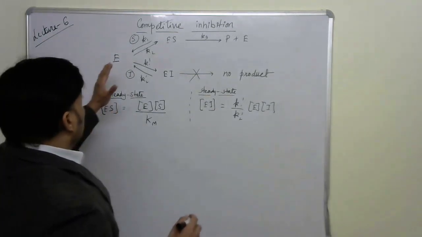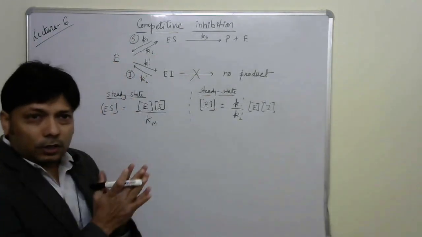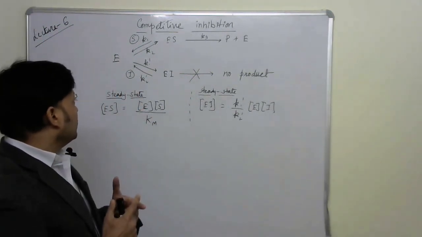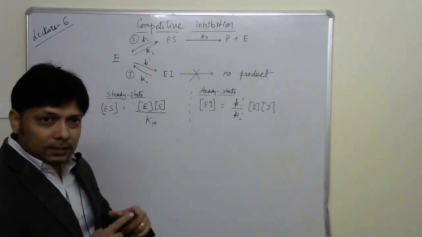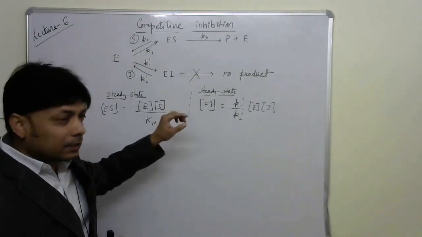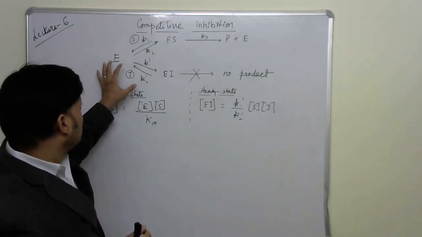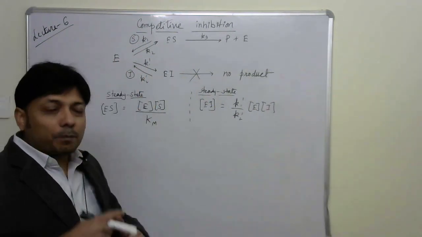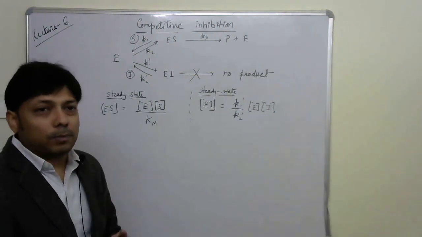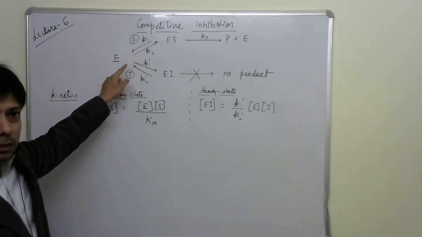Competitive inhibition is defined as follows: in the active site, other than the substrate, the inhibitor also competes with the substrate to form a complex. So the scheme is written over here.